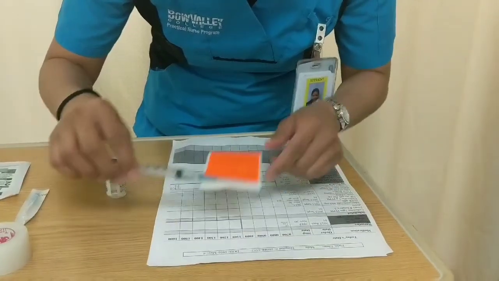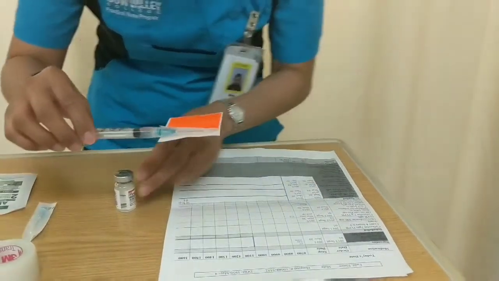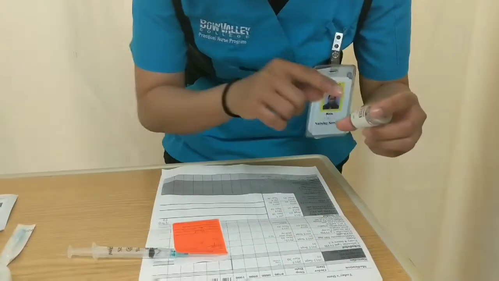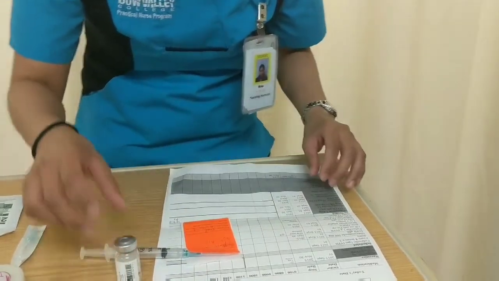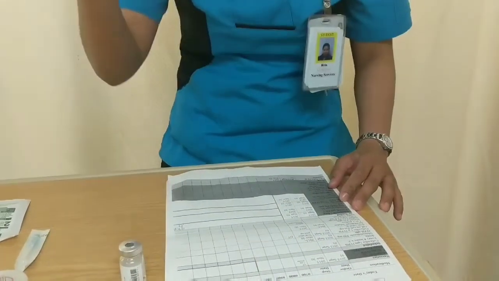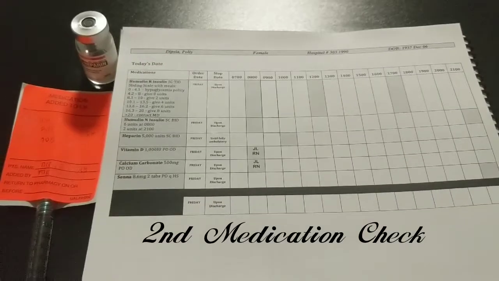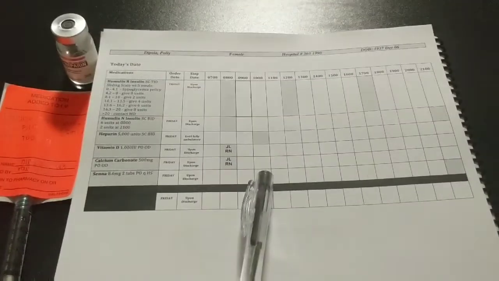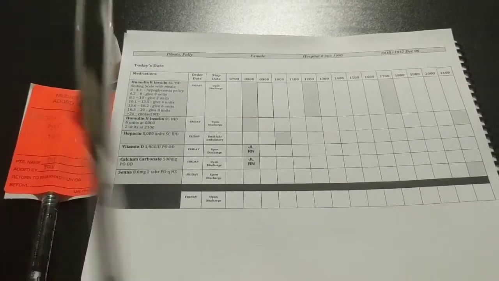Afterwards, you can do the second check, ensuring the patient's 7 rights while comparing the MAR with the medication label and the medication itself. For the second check, you need the MAR, the medication label, and the vial, comparing them to each other.